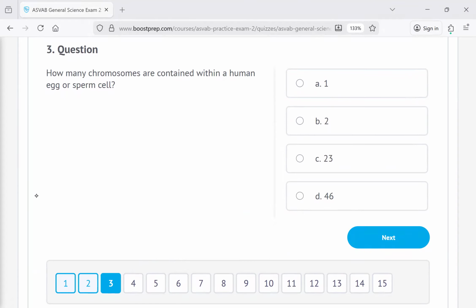Question 3. How many chromosomes are contained within a human egg or sperm cell?